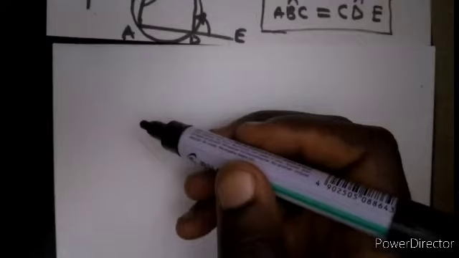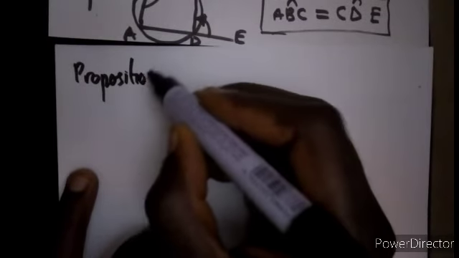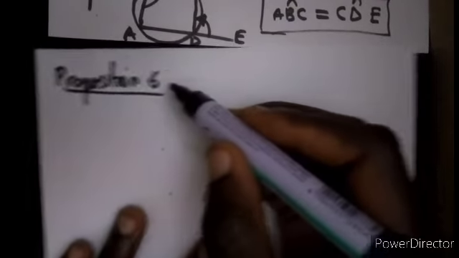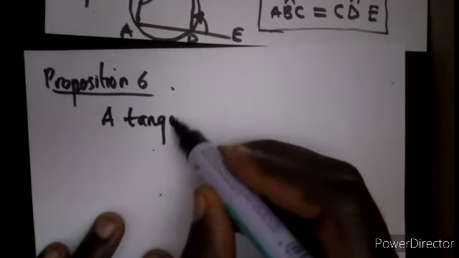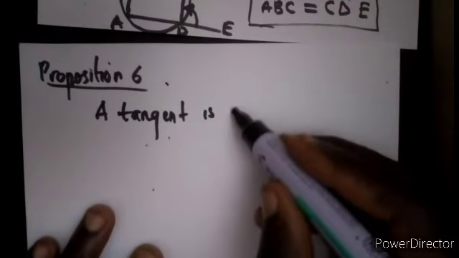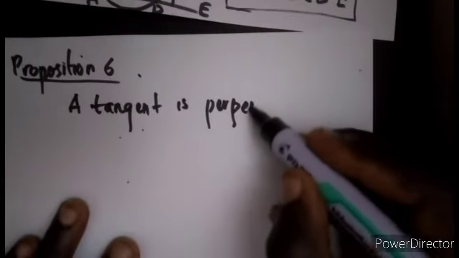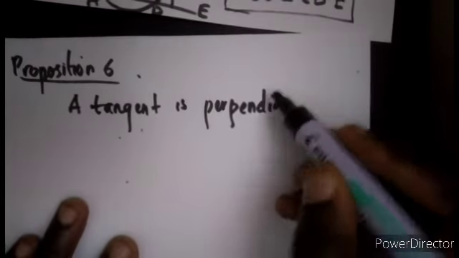Proposition 6 tells us that a tangent is always perpendicular, that is, at an angle of 90 degrees, to the radius.